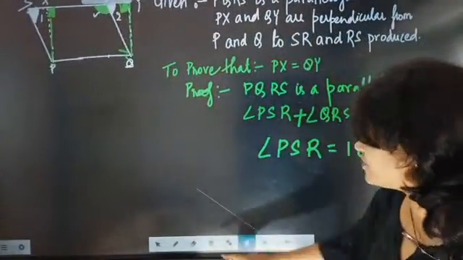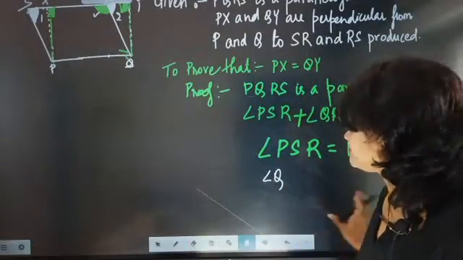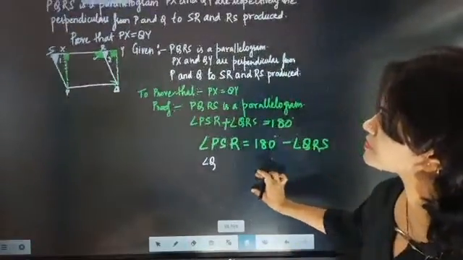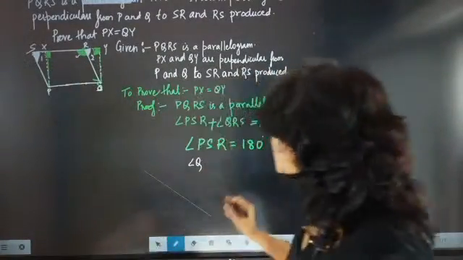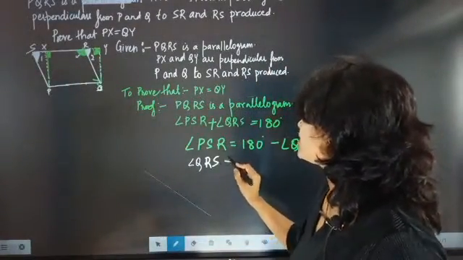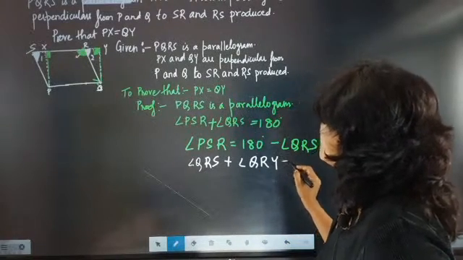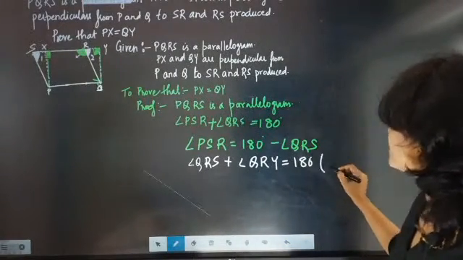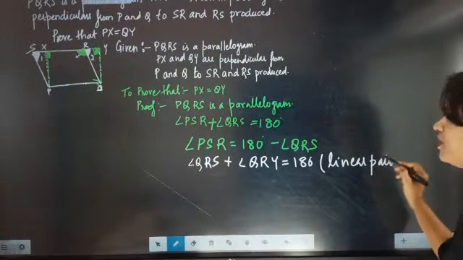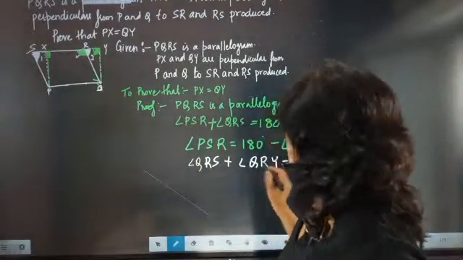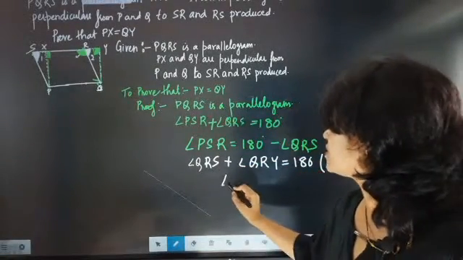So angle QRS plus angle QRY will be equal to 180 degree. Linear pair.